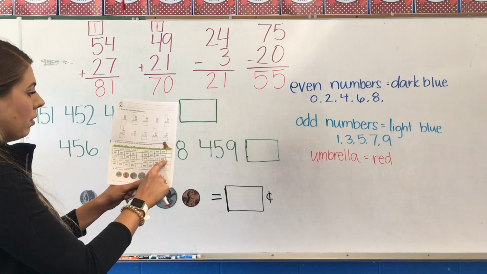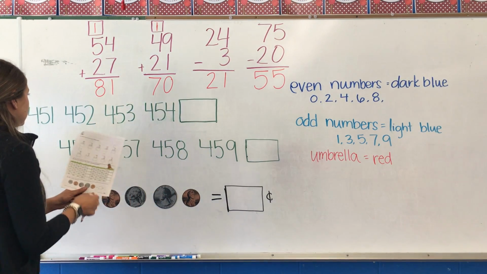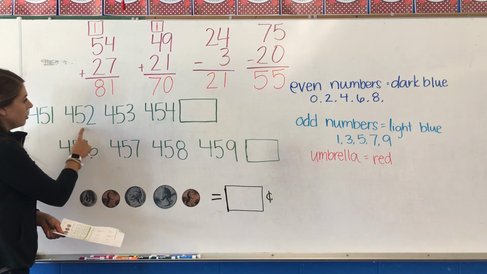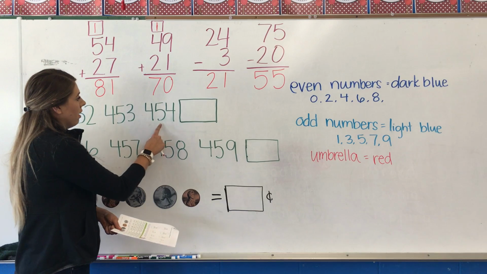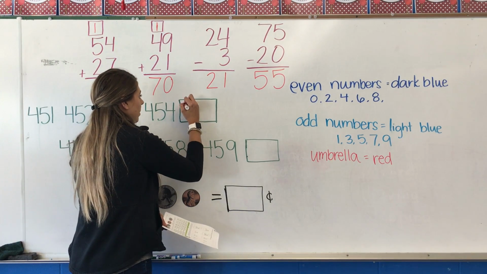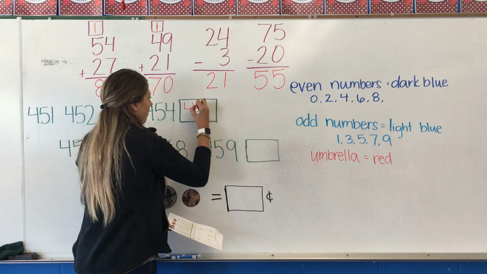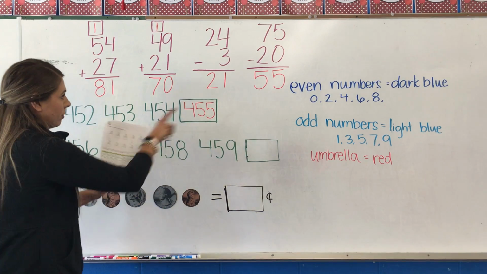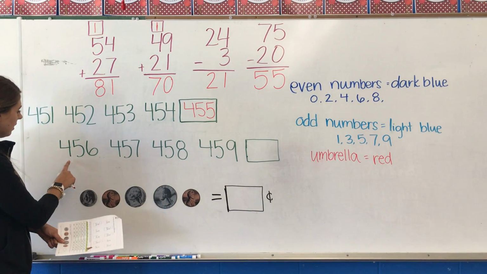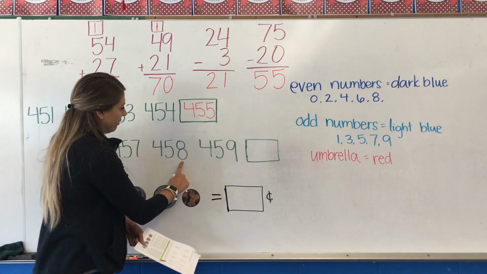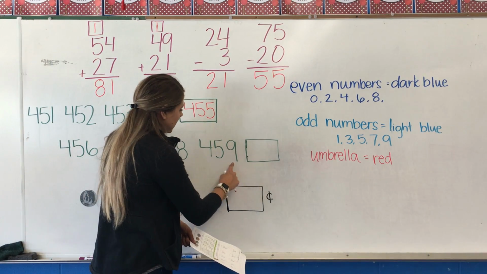And they've given you all of the numbers here. And it starts with 451, 452, 453, 454. And so you know that our next one would be 455. And then I ran out of room going across, but just follow me still here. 456, 457, 458, 459.